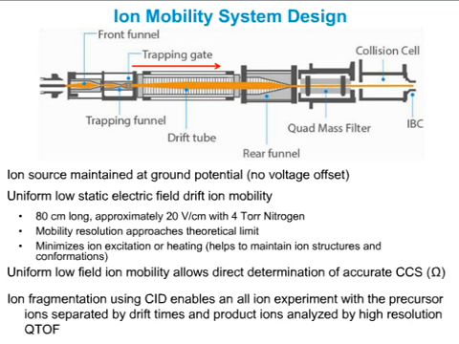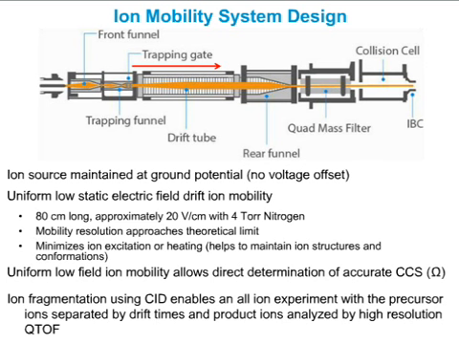As you can see here, the drift region is about 80 centimeters long, approximately 20 volts per centimeter, and we recommend using nitrogen at about 4 torr. This setup enables us to achieve a theoretical resolution of about 65 for singly charged ions.